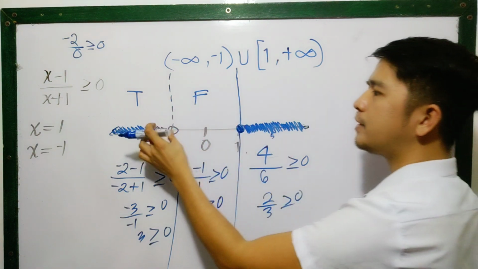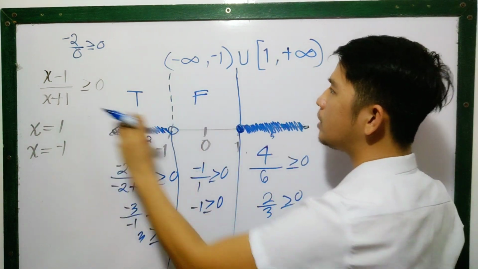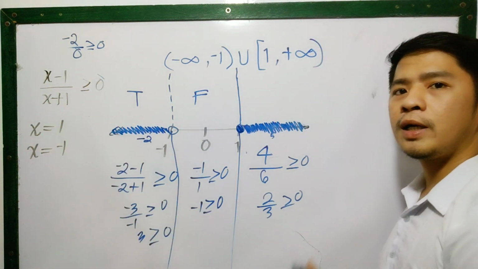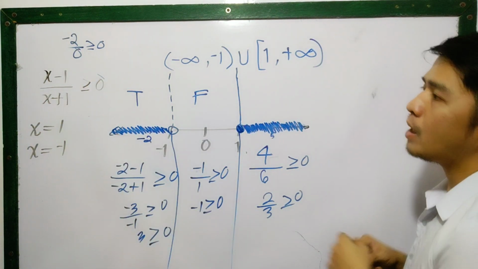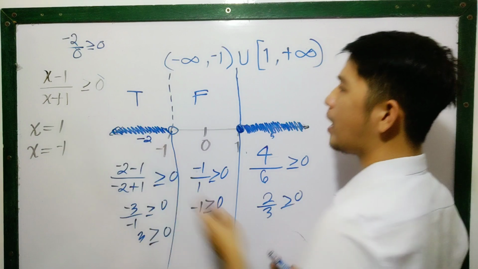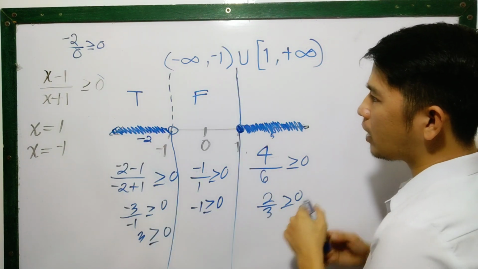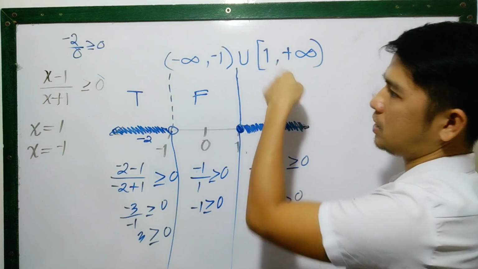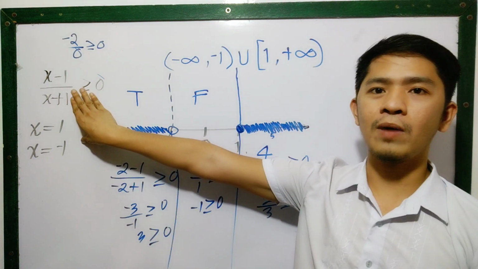So, kahit anong number daw na nandito sa lugar na to at lugar na yan, this will become a true inequality. Pero kung ito ay walang equal, naka-broken line lang ito, at ito ay circle lang, walang shade, at ito ay parenthesis. So, kapag wala siyang equal.